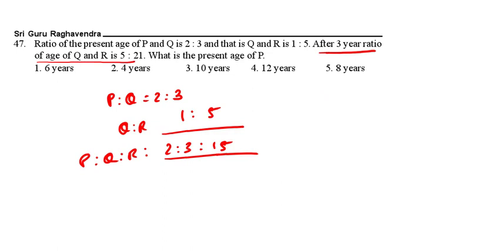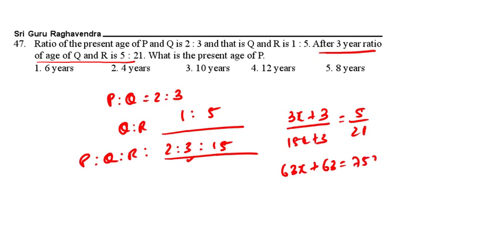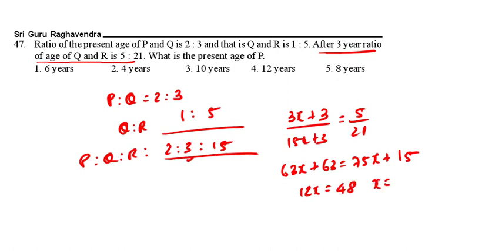Now see here, 3x plus 3 over 15x plus 3 is equal to 5/21. If you do this calculation, 63x plus 63 is equal to 75x plus 15, or else 12x is equal to 48. x is equal to 4. We are going to get x is equal to 4.